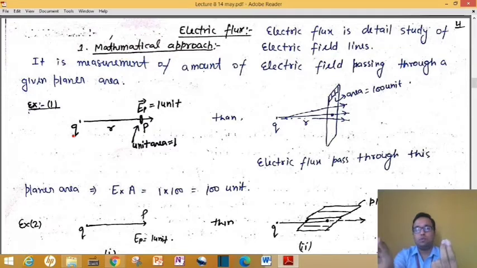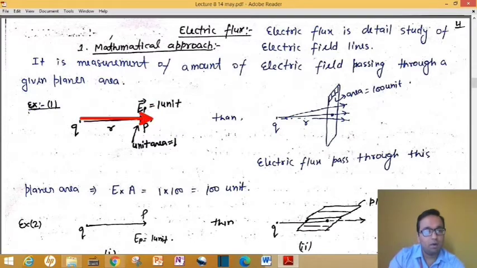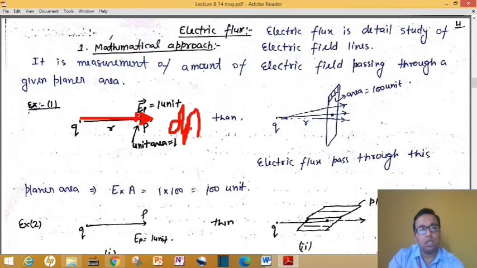My point is that this electric field line is passing through this point P, and it will also occupy a small amount of area. You have to imagine on your screen that this line occupies a small area, and I am calling that area dA.